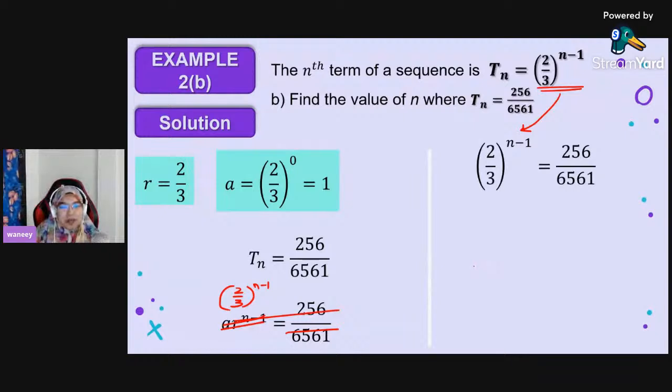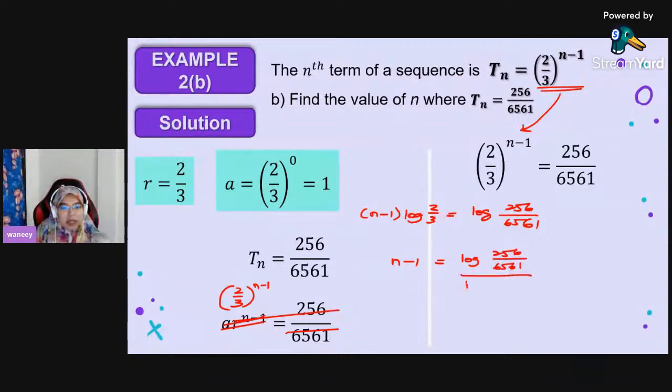So basically, if you use log on both sides, it will become n minus 1 log 2 over 3 equal to log 256 over 6561. And then n minus 1, this is log 256 over 6561 divided by log 2 over 3.